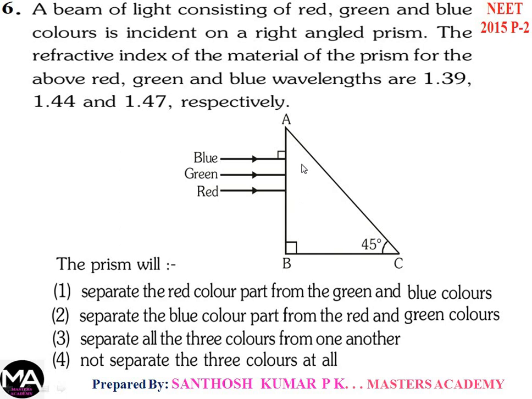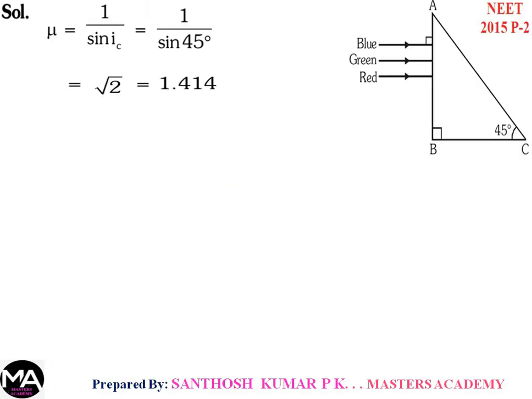Okay, so now the solution. Here we know that refractive index mu is equal to 1 by sin IC. The critical angle IC is 45 degrees. Therefore sin 45 is 1 by root 2. So mu is equal to 1 divided by 1 by root 2, which is root 2, that is 1.414. That means the refractive index obtained for this prism is 1.414.